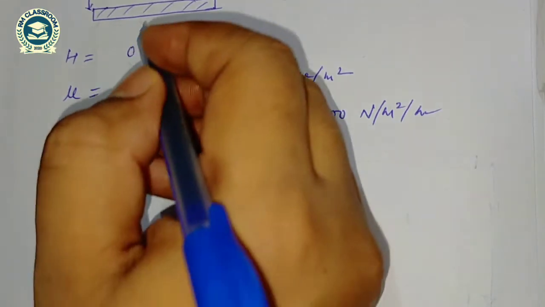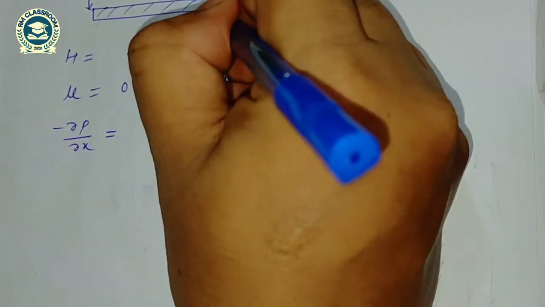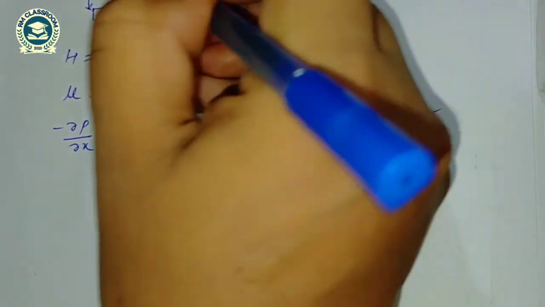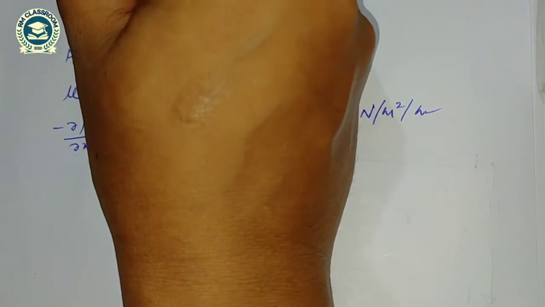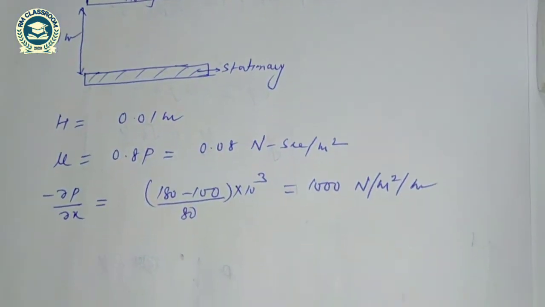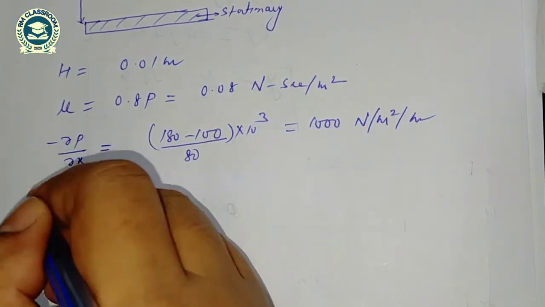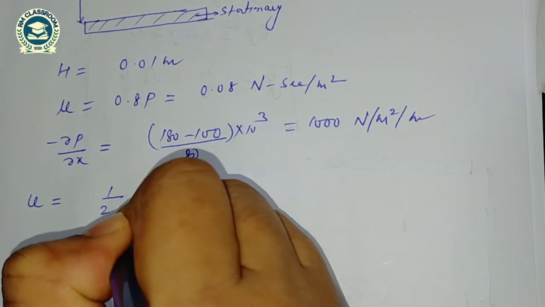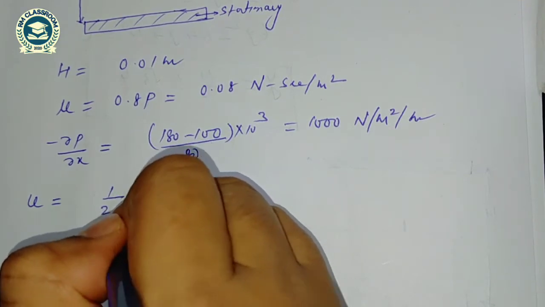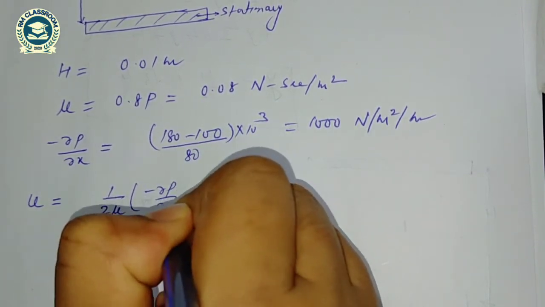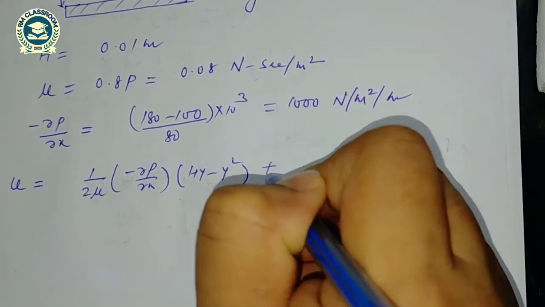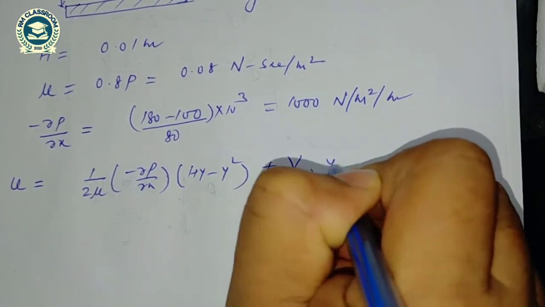In case when one plate is stationary and one plate is moving, we know the expression of velocity, that is 1 by 2 mu into minus del p by del x into hy minus y square plus capital V by h into y.